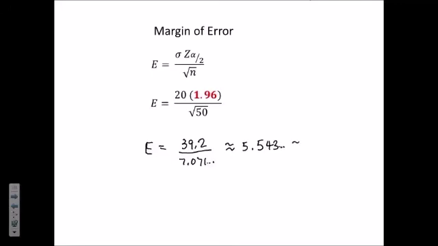Since X bar was 170 pounds, we usually carry 1 decimal place more than X bar for the margin of error. So since X bar had no decimal places, we'll carry 1 decimal place for E, and since 4 is small, we'll use 5.5 pounds as the margin of error.